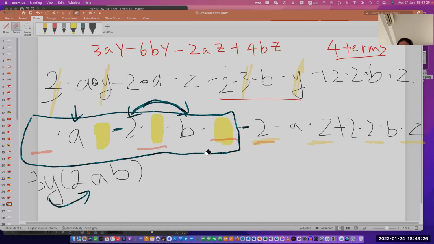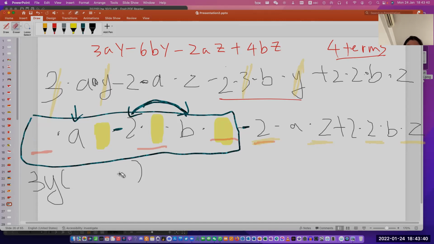Simple as that. So you end up with a minus 2b. Then you just put the a minus 2b inside the bracket. Are you clear? Yeah, good. So a minus 2b is done for this first pair of terms.